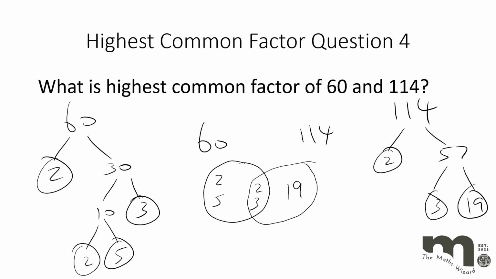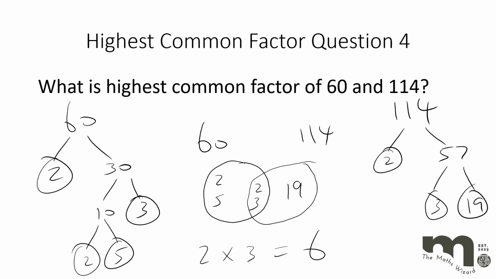Now the reason these numbers are in the middle is because if you multiply these numbers in the middle together, that will tell you the highest common factor of 60 and 114. So this is just another way of doing it, which is quite useful if you've got much higher numbers. It's a bit trickier writing out factors of numbers when you've got a big long list.